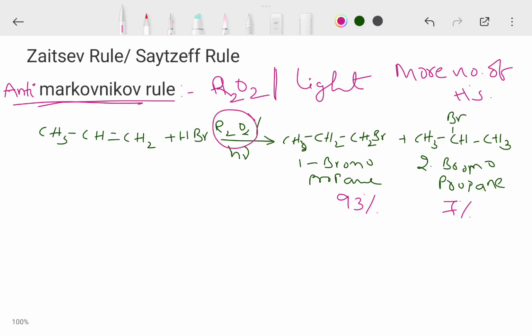What happens if peroxides are present? We can see the mechanism of this reaction.